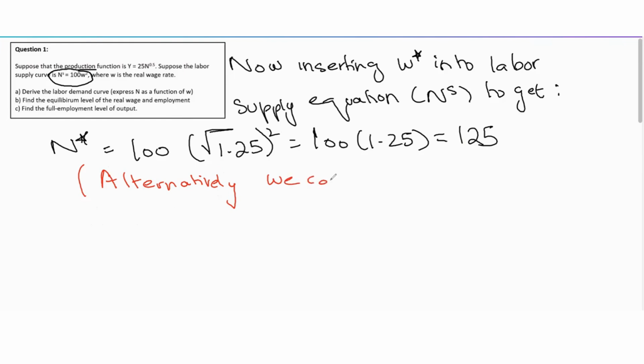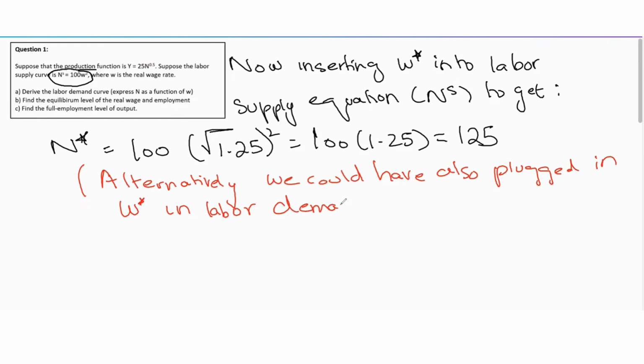Alternatively, we could have also plugged W star into the labor demand equation to get N star.